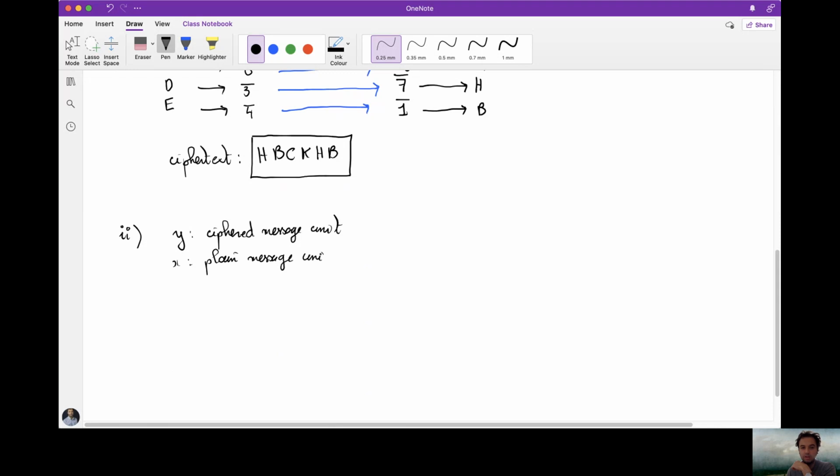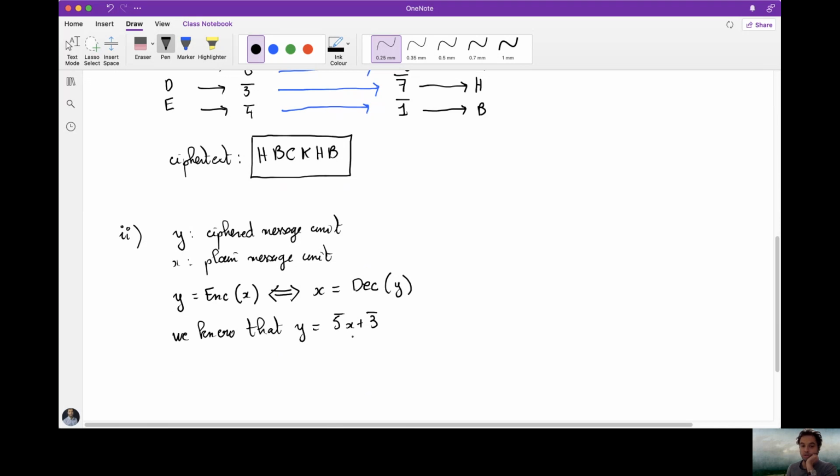We know that Y is the enciphering transformation of X, but it also goes in the opposite direction: X should be equal to the deciphering of Y. And we know that Y is equal to 5X plus 3.